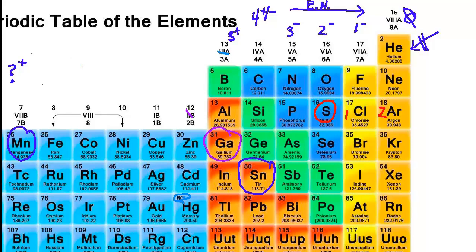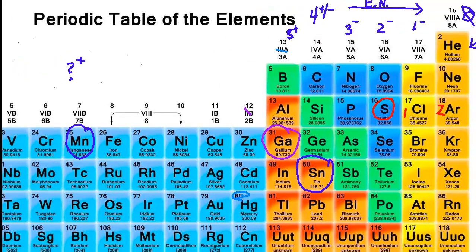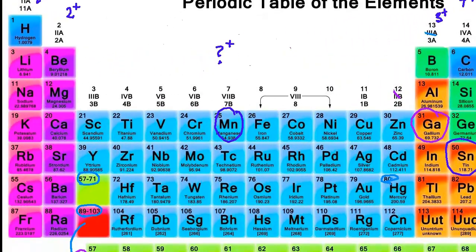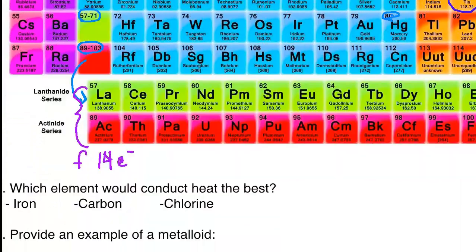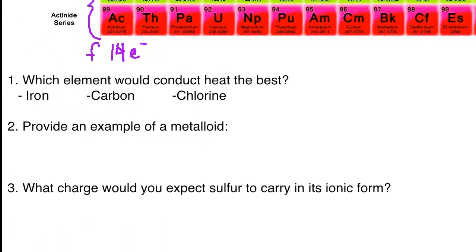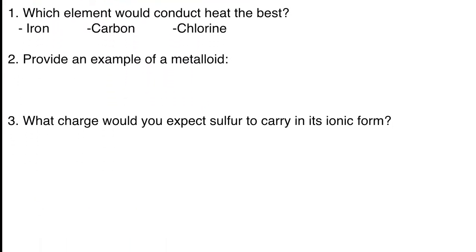So that pretty much covers what we want to look at in terms of charges, the properties of metals and nonmetals, the different shells that we would take a look at, and some of the basic properties that you would come across in these various groups. So what I'm going to do here is scroll down, and I have a set of questions for you to practice.